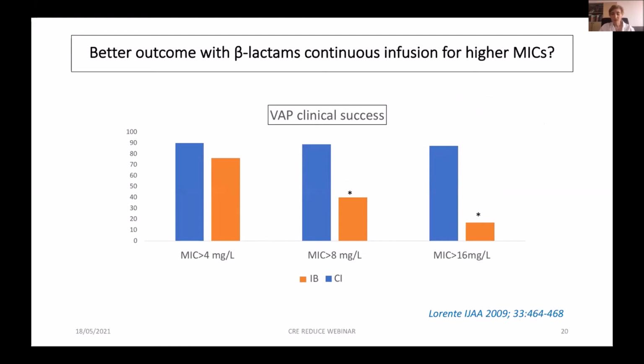Do we now have clinical data showing that this mode of administration can improve our patient outcomes? We have some retrospective studies here showing that for ventilator-associated pneumonia, the clinical success was higher in the continuous infusion group, especially for higher MICs here.